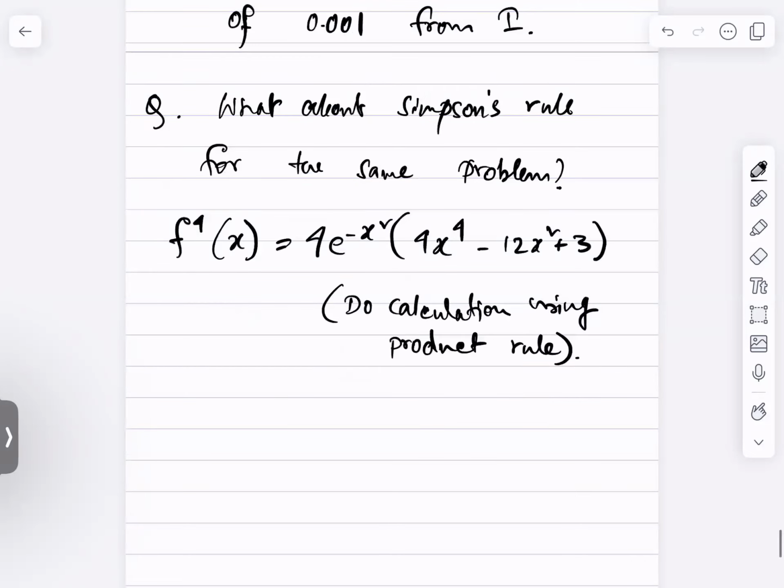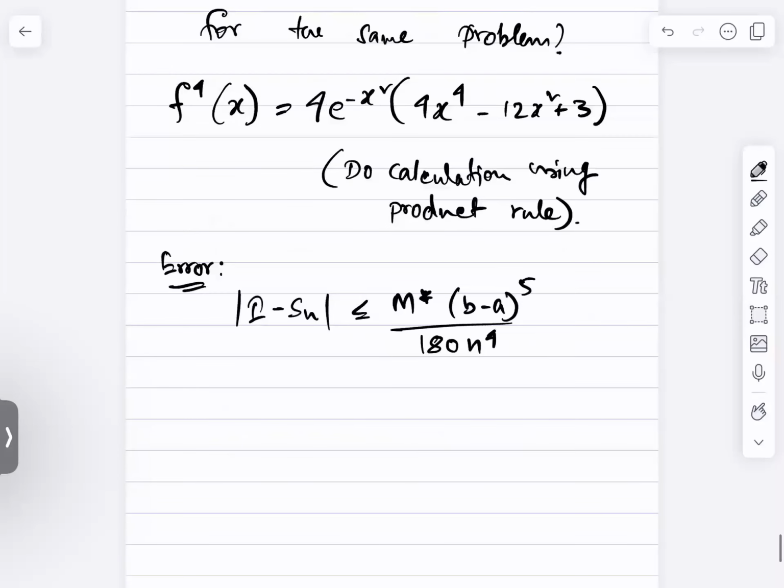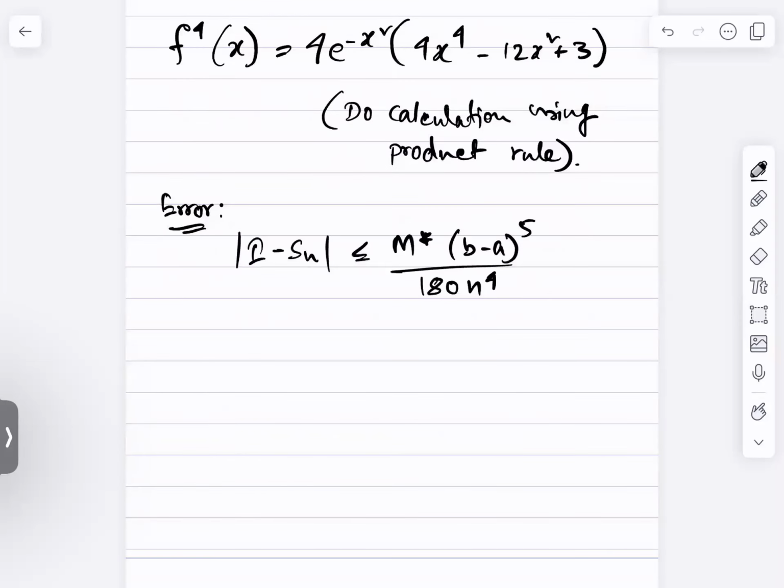Okay. So the error formula, if I use it, is something like the modulus of I minus S_n less than or equal to M star times (b minus a) to the 5 over 180 n to the 4. Okay. Now what is M star?